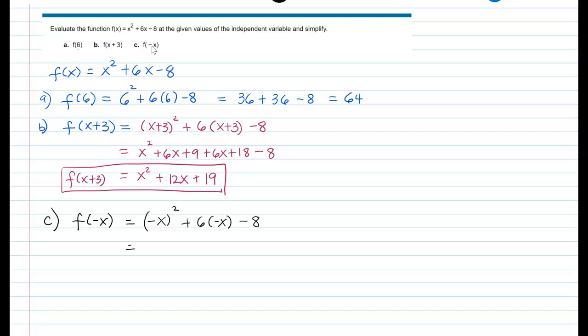And then you simplify it. Negative x quantity squared is just equal to x squared. And negative x times 6 is negative 6x. Then you copy negative 8. So this is the expression for f of negative x.